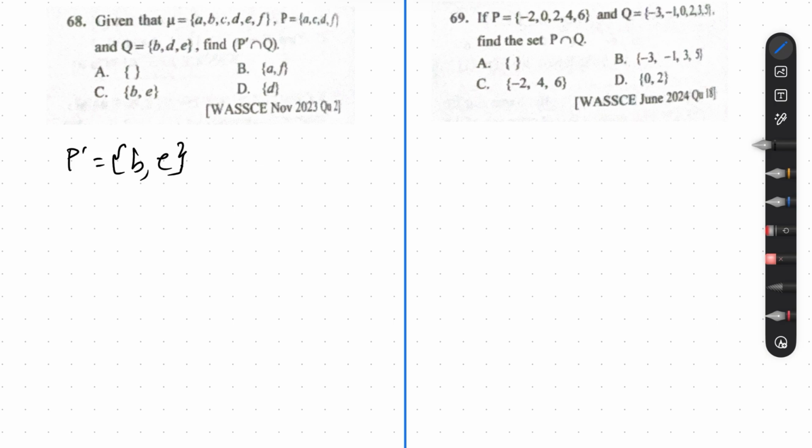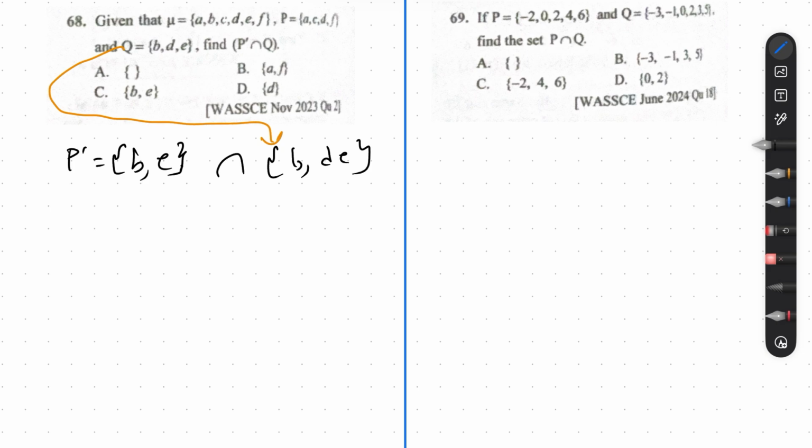Cool. Now we need to find P complement intersection Q. We already have Q, which we've been given to be the set {B, D, E}. So we want to find the intersection.